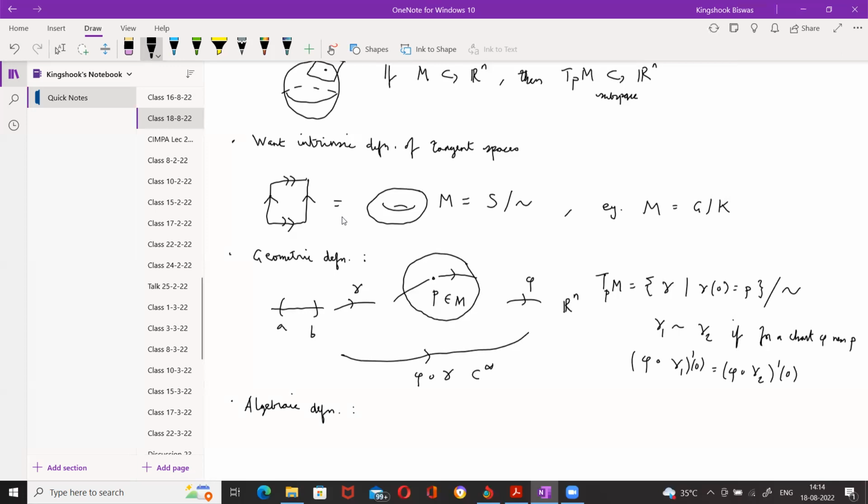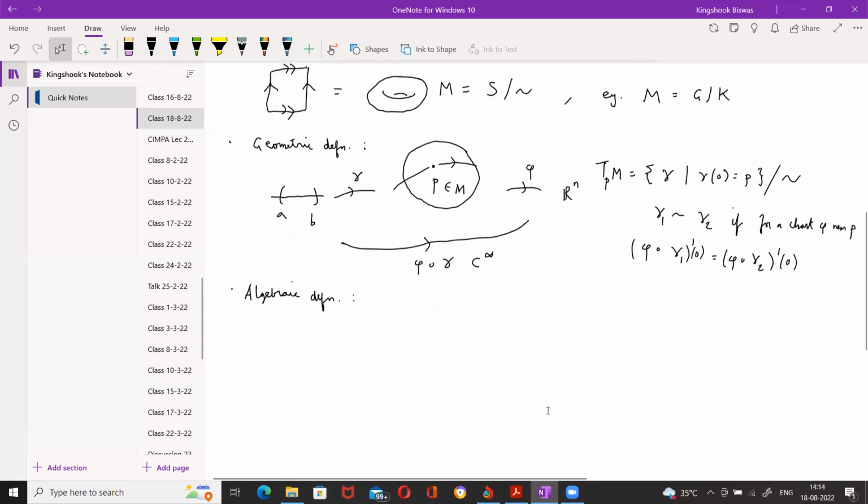This is something which maybe you probably would not have seen, so that's why I'm asking. Any questions? Okay. All right. So we're going to talk about what's the algebraic definition of the tangent space.